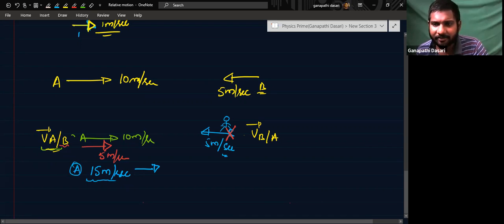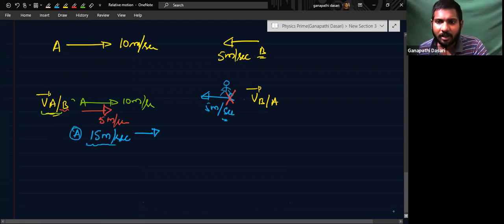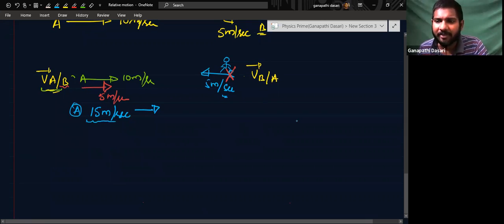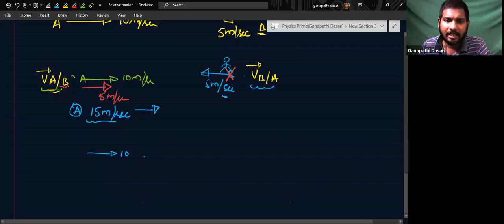Varun, did you get it? I'm just trying to make you familiar with this kind of technique. Then suppose velocity of B with respect to A, the same thing I'll do. Again, I'll draw A, 10 meters per second, and B, 5 meters per second.